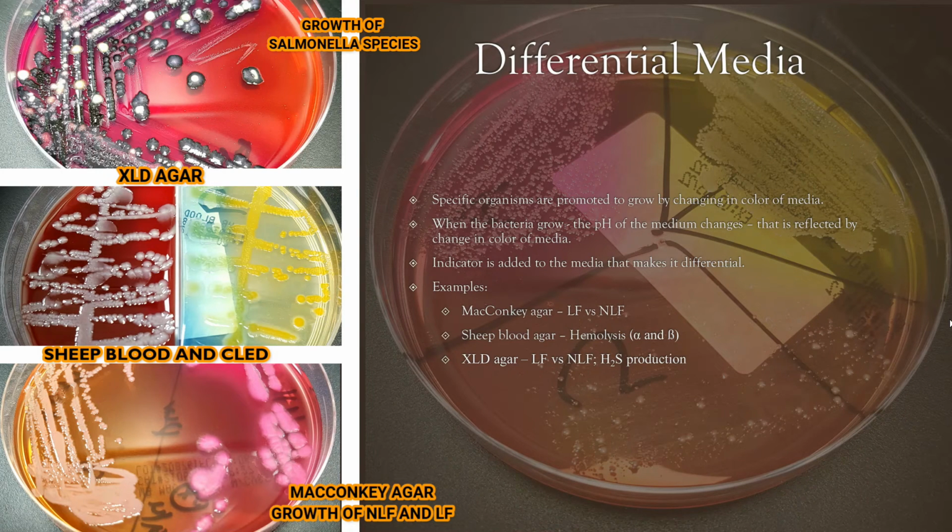The left side is blood agar and the right one is CLED agar. And here a urine specimen is inoculated on the biplate, and you can see the growth of E. coli. And the third one is MacConkey agar, and the magenta colonies on MacConkey agar are lactose fermenting colonies, and the other ones are non-lactose fermenting colonies.